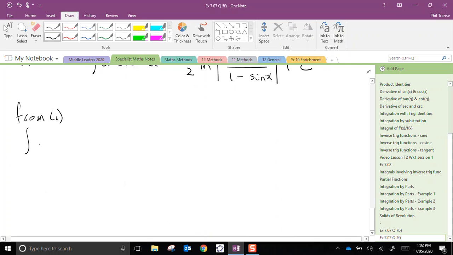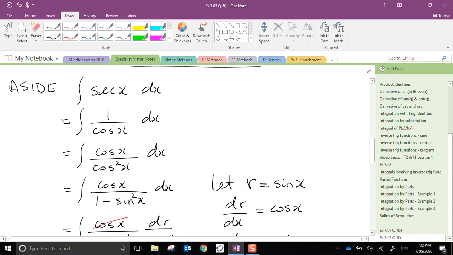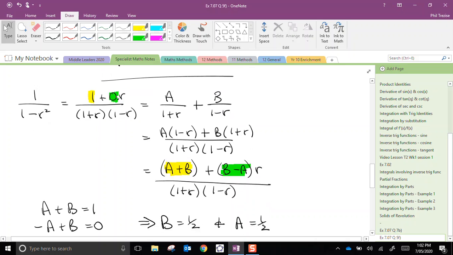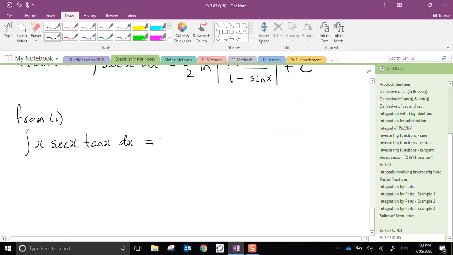So here we go. This is picking up from where we left it off at point 1, the integral of x sec x tan x dx equals, now let's go all the way back to where we were, it equals x multiplied by secant x, and then subtract this integral that we just solved.